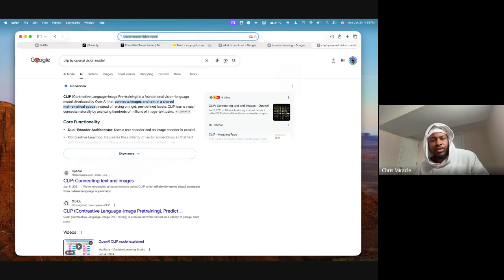Originally, CLIP is meant to caption images. It works in relation to text, so if you describe a text, it could map that text to your image. But I only worked with the image part of CLIP.